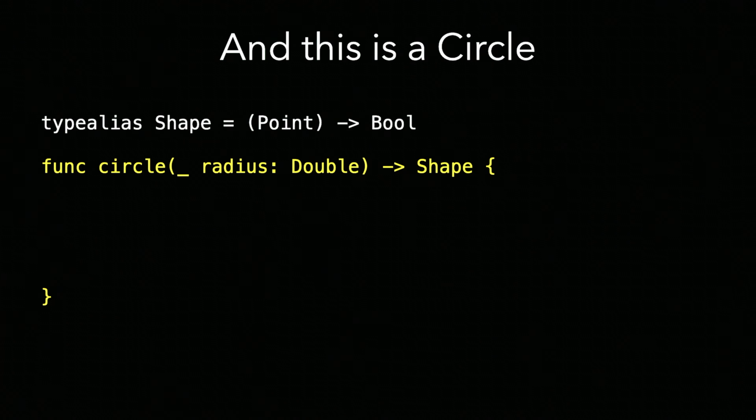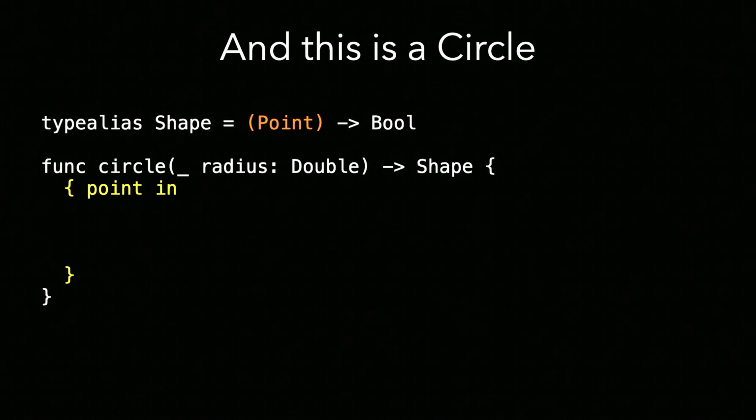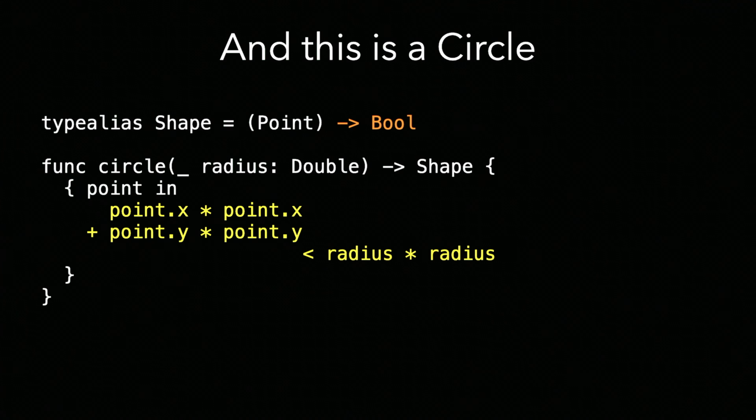I mean, that's why they call them functional programmers. So a function that says, you tell me the radius, and I'll return a shape, I'll return a function that tells you whether a point is in this shape, and now I return a function that accepts a point, that's that closure, and it's that same implementation that I saw before. And so this is what a functional programmer would call a circle.